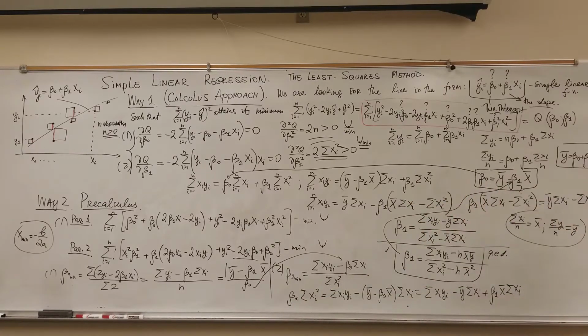And this is another term, beta 1. Let me collect this. It will be beta 1 summation of xi squared.